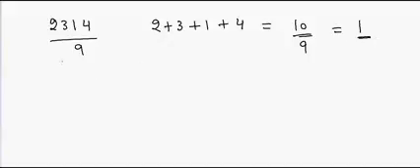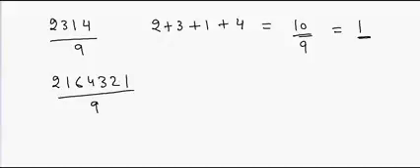Another example is 2, 1, 6, 4, 3, 2, 1. So you can see it's a very large number, and what will happen if you divide it by 9? So in that case, 2 plus 1 plus 6 plus 4 plus 3 plus 2 plus 1.